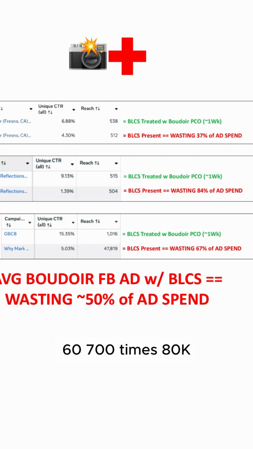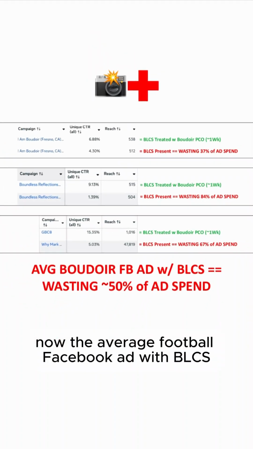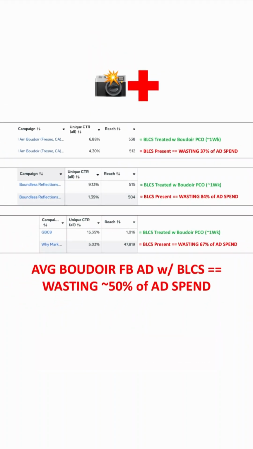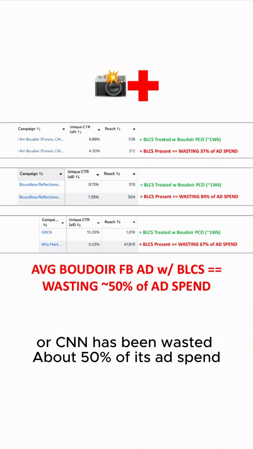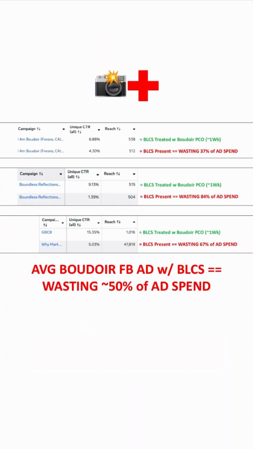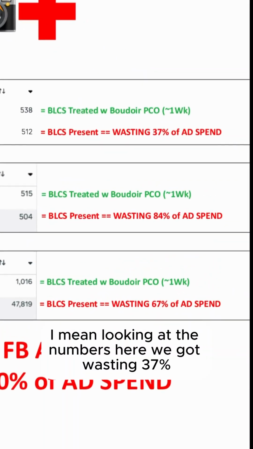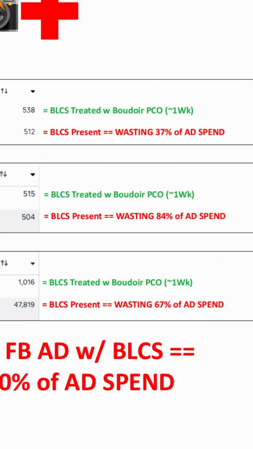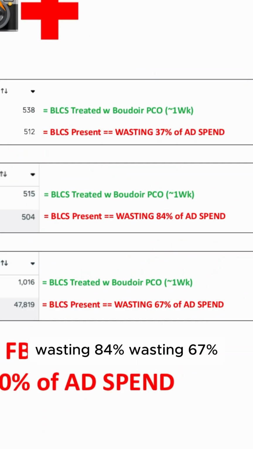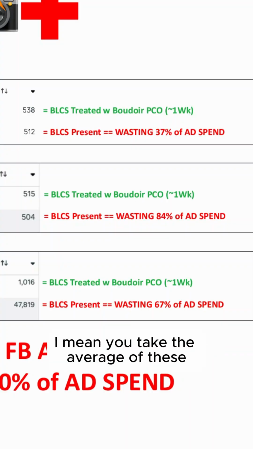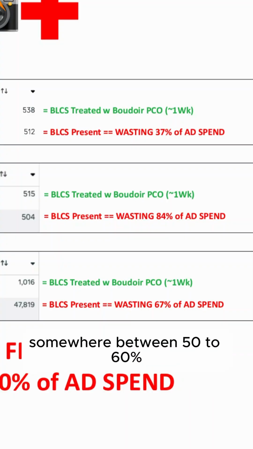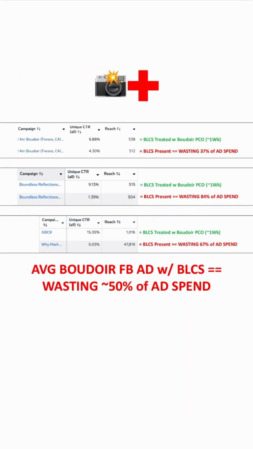6,700 times 12, about 80K. Now the average Boudoir Facebook ad with BLCS we're seeing has been wasting about 50% of its ad spend. Looking at the numbers here, we got wasting 37%, wasting 84%, wasting 67%. You take the average of these, somewhere between 50 to 60%, most likely.